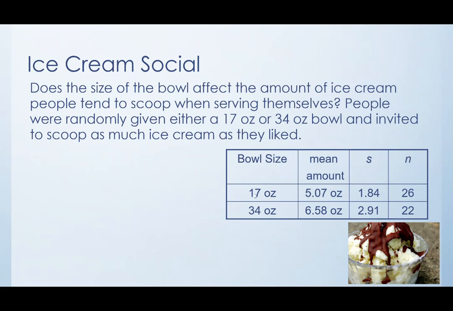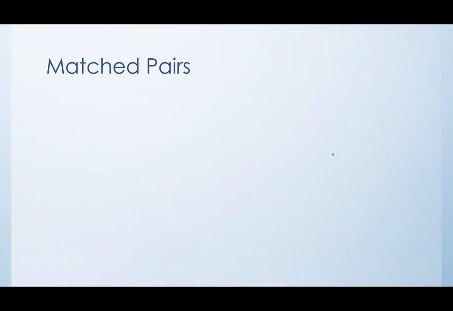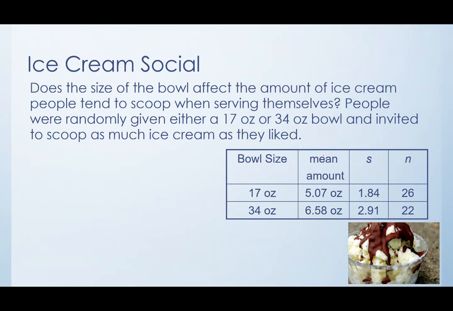We've got the bowl size 17 ounces, the mean, standard deviation, and size of the sample, and then same thing for the 34-ounce group. Okay, so we know first off that this is means, right? We know it's means. We know we have two samples.